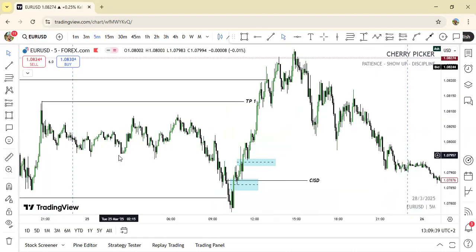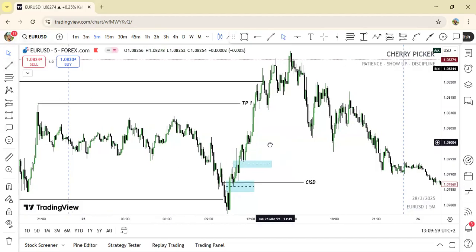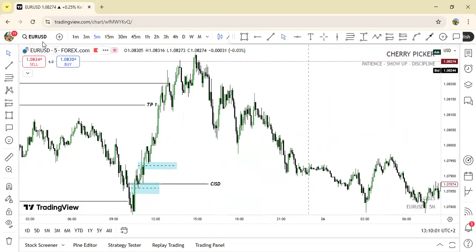I think on Wednesday there was internal range liquidity, being the fair value gap on H4 and the fair value gap on H1. Then we had external range liquidity, which was the previous day low, or the Tuesday low, right? Let's dive into that one.